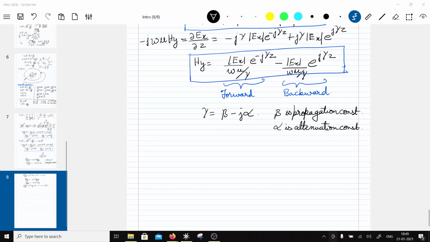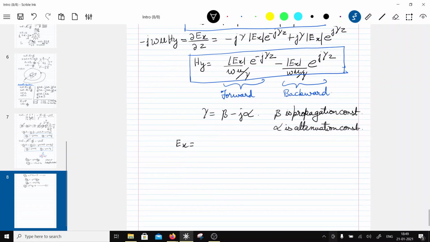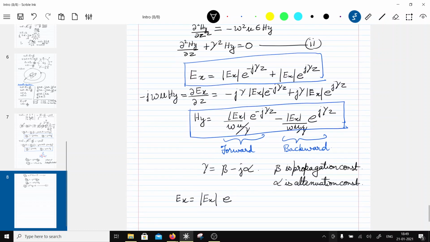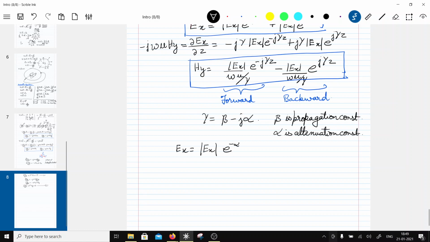So now if I do that, then I can write Ex is going to be equal to magnitude of Ex, correct? e raised to, substitute that over there, you will have minus alpha z and cos of omega t minus beta z, right? And the second component will be Ex e raised to this cos of omega t plus beta z.